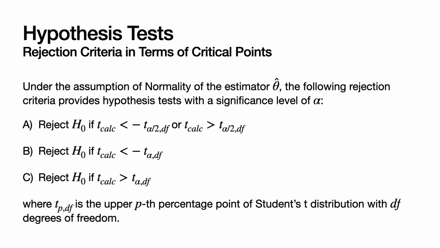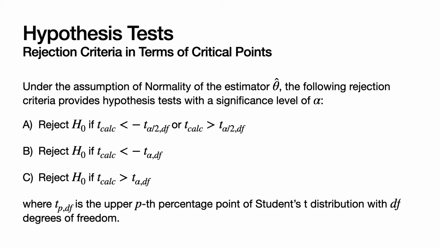For a left-tailed test, hypothesis test B, we're going to reject the null hypothesis if t-calc is less than negative t sub alpha comma df, the negative of the upper alpha percentage point of the t-distribution with degrees of freedom equal to df.